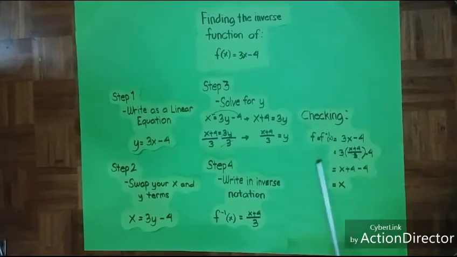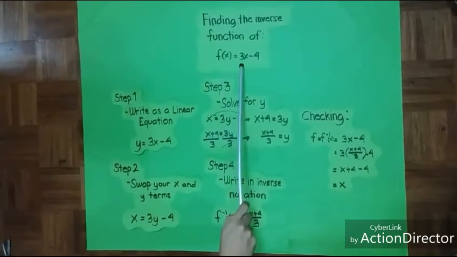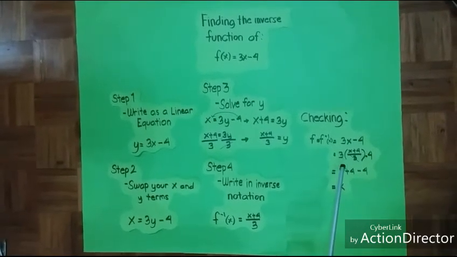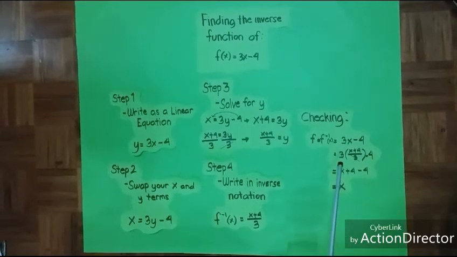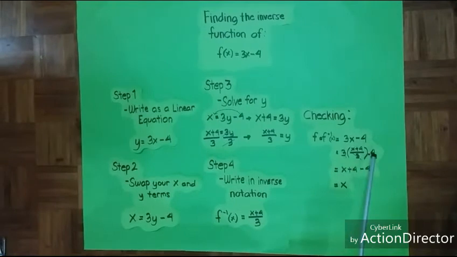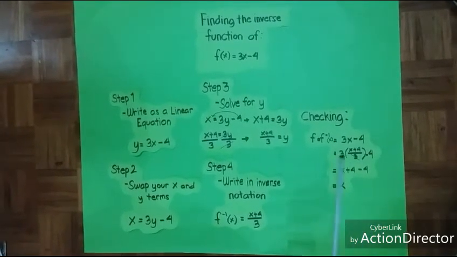First is to copy the original equation f of x is equal to 3x minus 4. Then we substitute the value of our inverse, which is (x plus 4) over 3. So now we have the equation 3 times the quantity (x plus 4) over 3, minus 4. So we divide it.